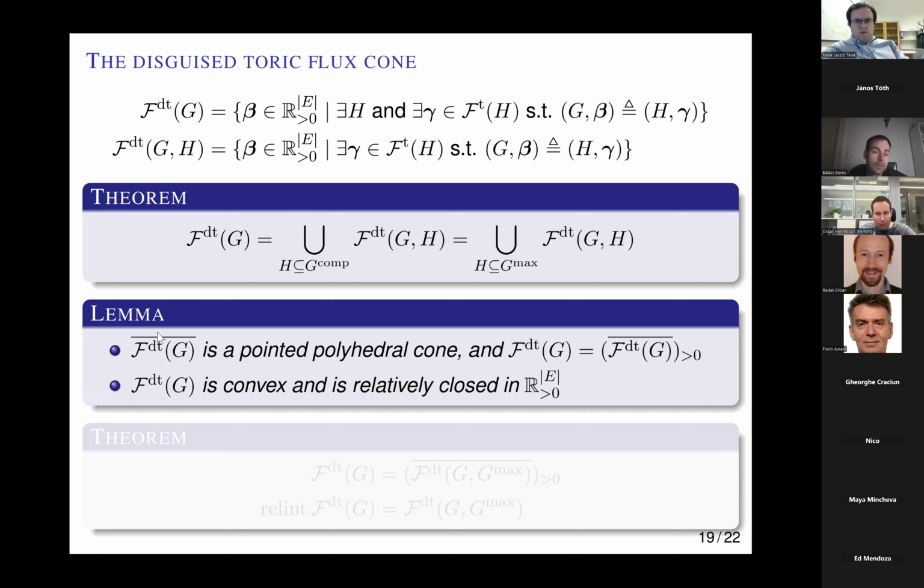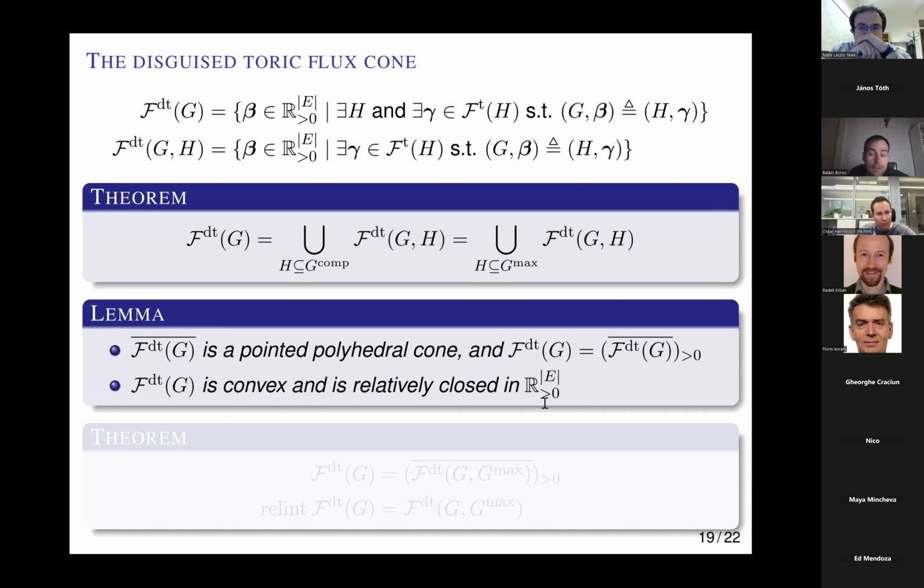So we could prove that the closure of the disguised toric fluxes is a pointed polyhedral cone, and you get the disguised toric fluxes exactly by taking the positive part of that pointed polyhedral cone. Consequently, it is a convex set.